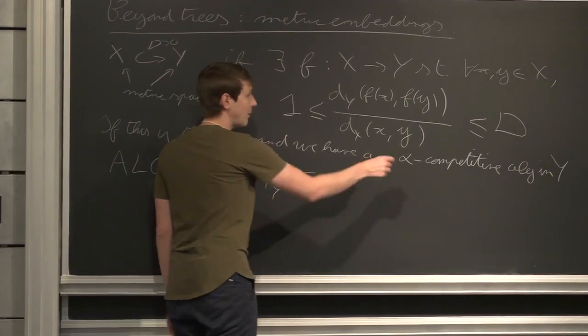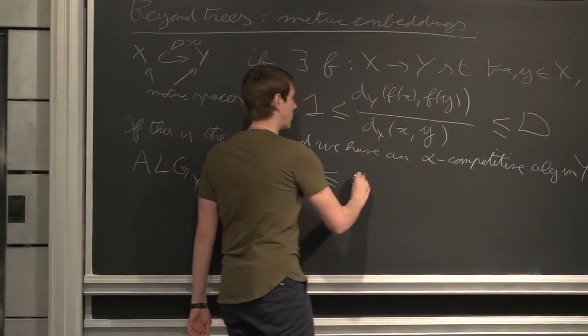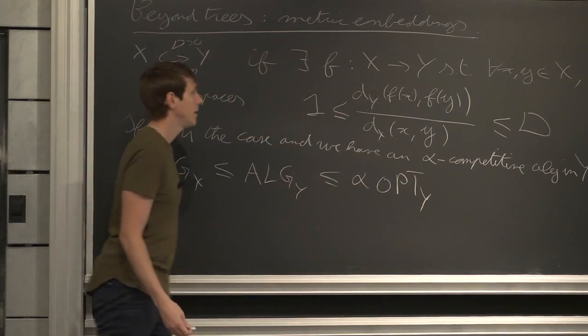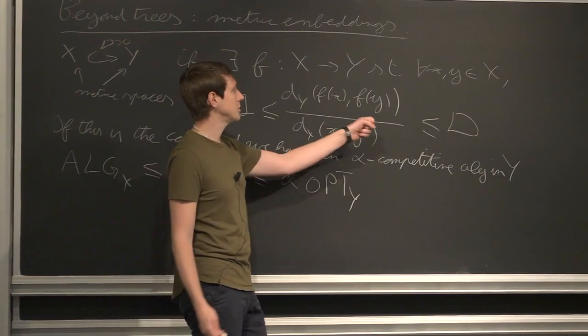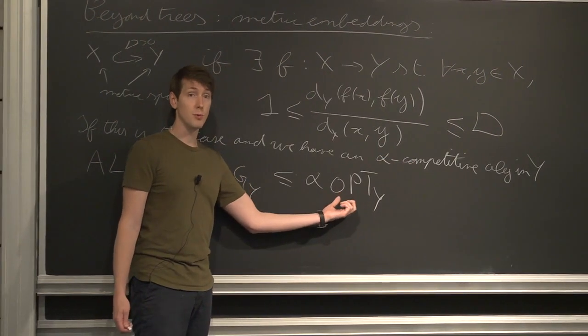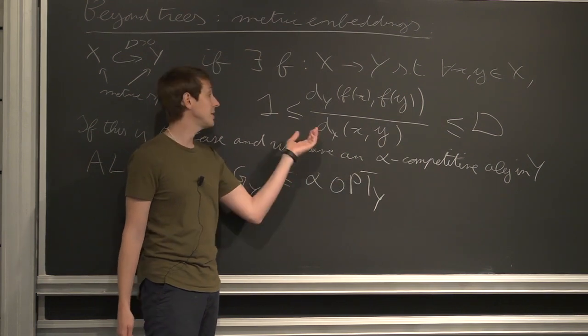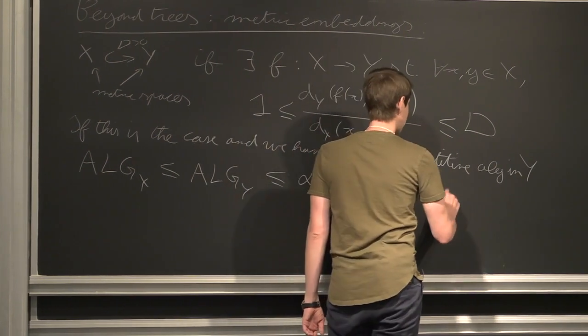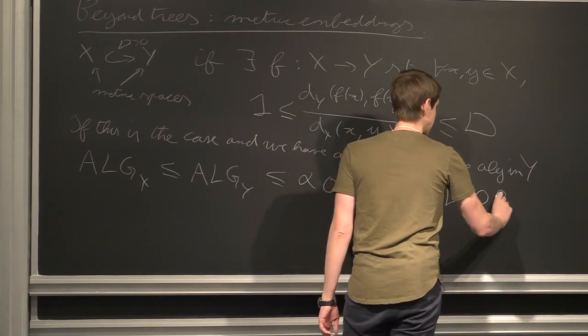Now, by alpha competitiveness in y, I know that this is smaller than alpha times opt in y. And now, because the distortion is at most capital D, I know that whatever movement I record in y for opt is at most capital D times the movement in x. So this is at most alpha times D times opt in x.